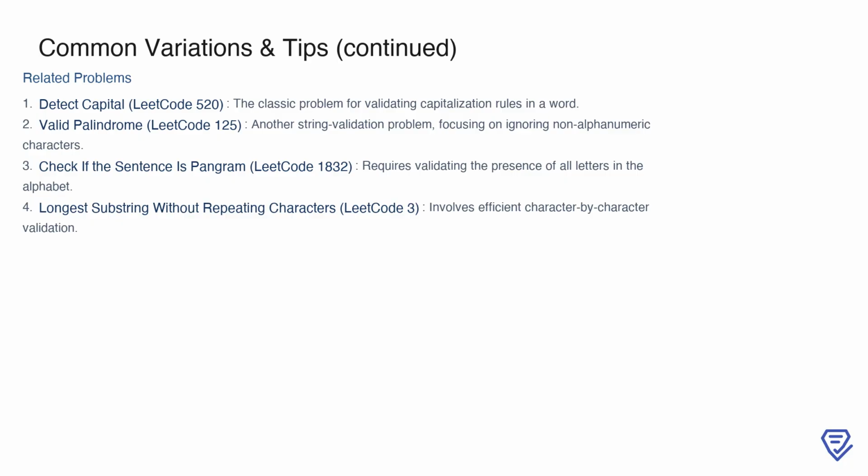Check If the Sentence Is Pangram challenges you to validate whether a string contains all letters of the alphabet. Lastly, Longest Substring Without Repeating Characters introduces efficient character-by-character validation techniques to solve for unique substrings. Each of these problems builds on similar concepts and helps you develop a comprehensive skill set for handling string-related challenges.